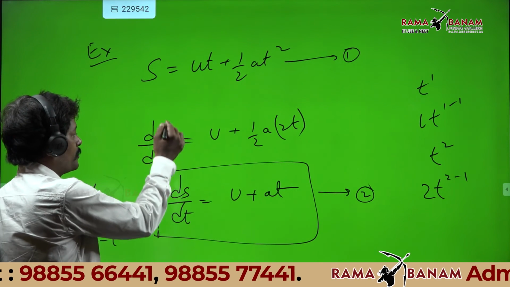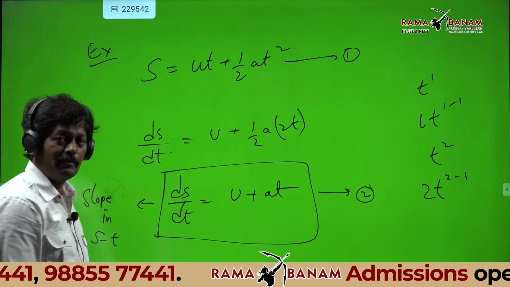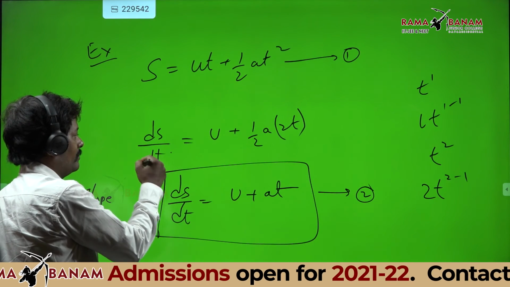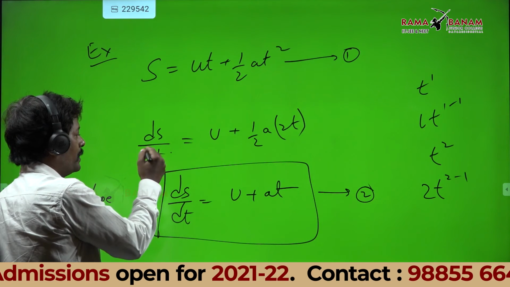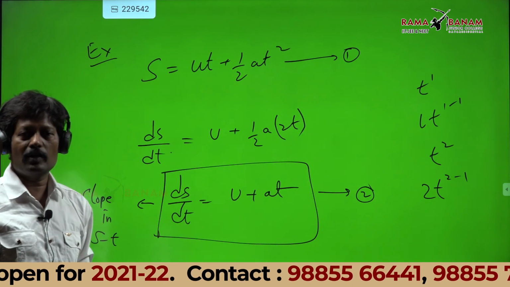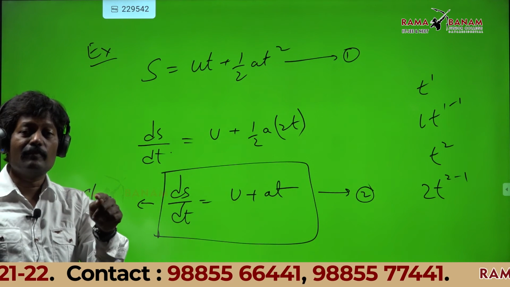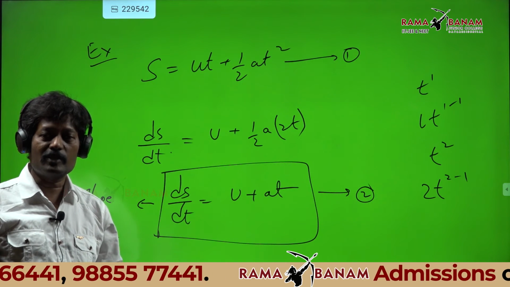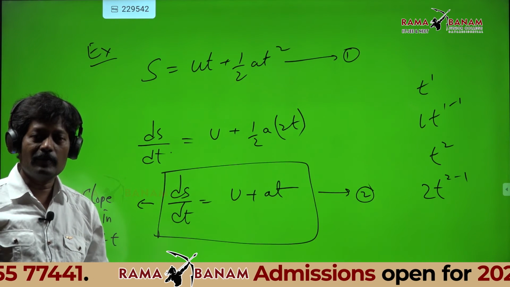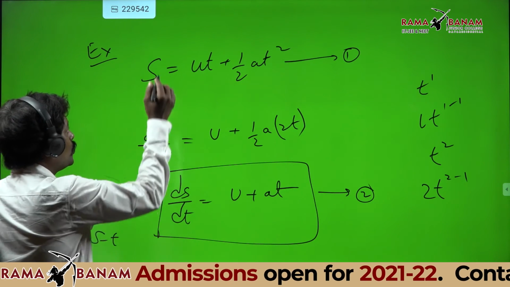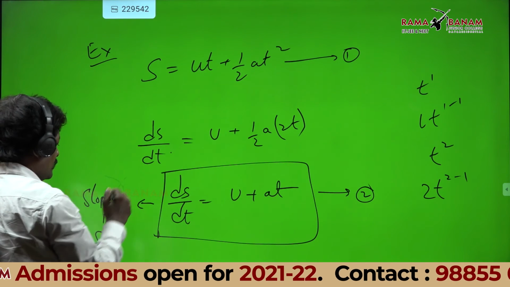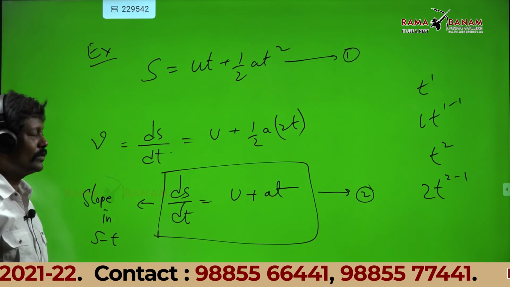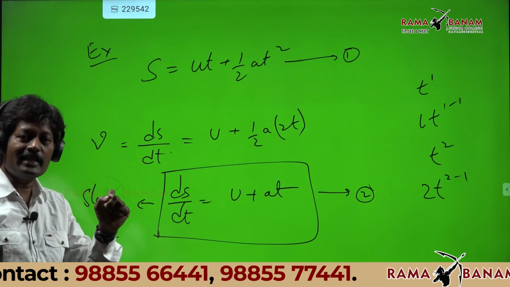What is ds? Displacement. What is dt? Time. Instantaneous displacement by instantaneous time. A small displacement by a small interval of time gives you what? Instantaneous velocity. Displacement by time is velocity. So the slope in the ST graph is nothing but instantaneous velocity.